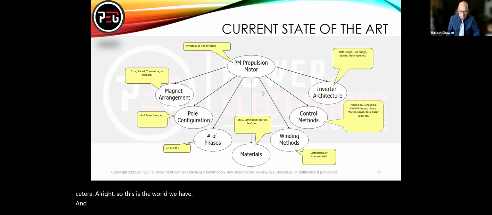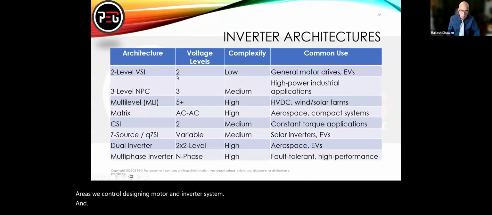So this is essentially what we deal with in terms of the areas we control, designing a motor and inverter system. Here are various motor architectures and the two-level voltage source inverters, which we'll talk about briefly in the next slide.